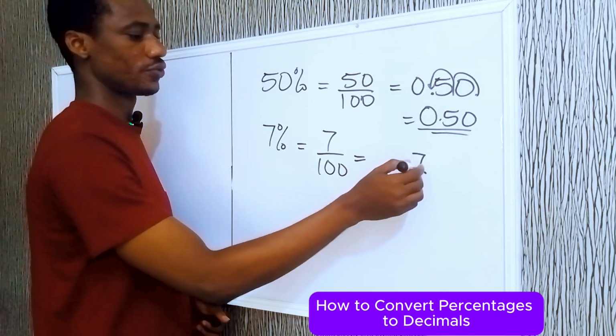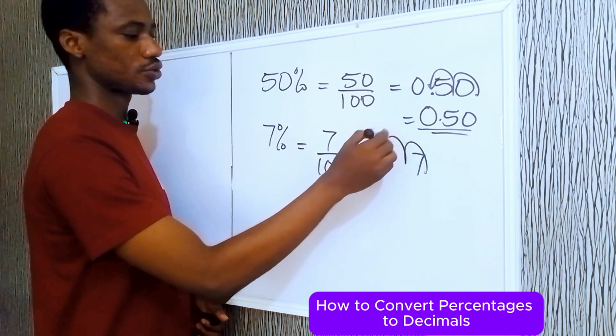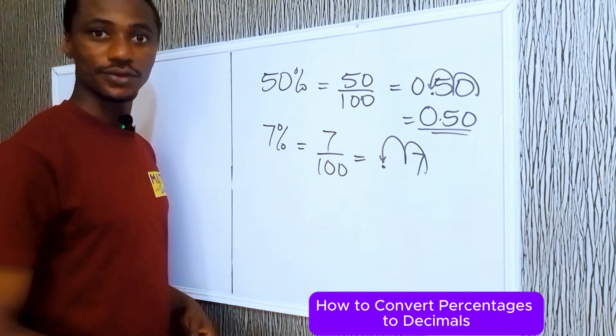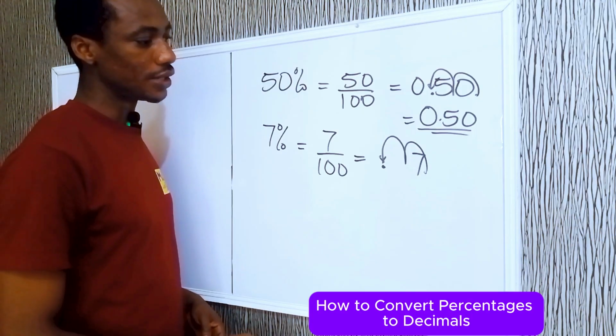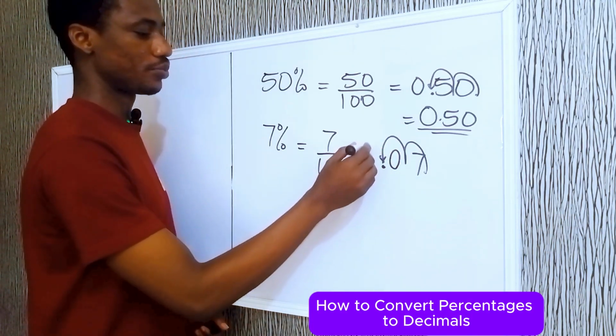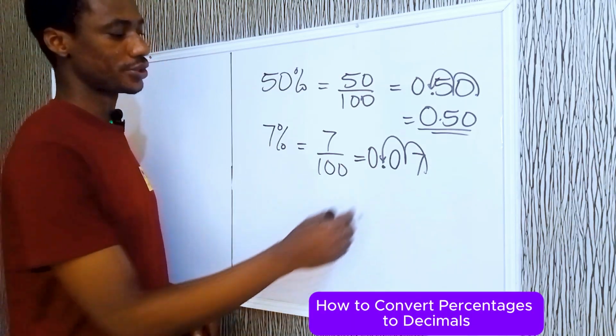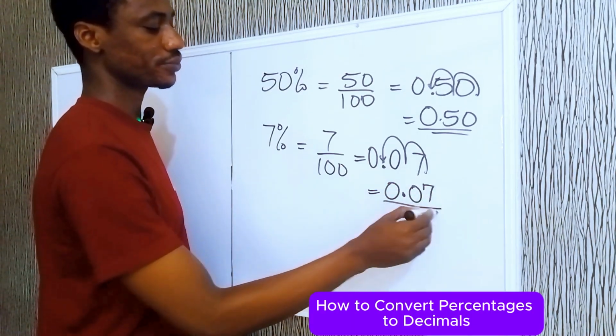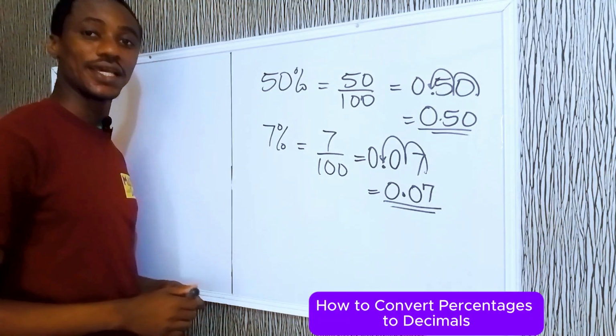So we move 1, 2. So the point is now here, and then we have an empty mountain. So we put a 0 inside the mountain, and then put another 0 outside the point, and that is 0.07.